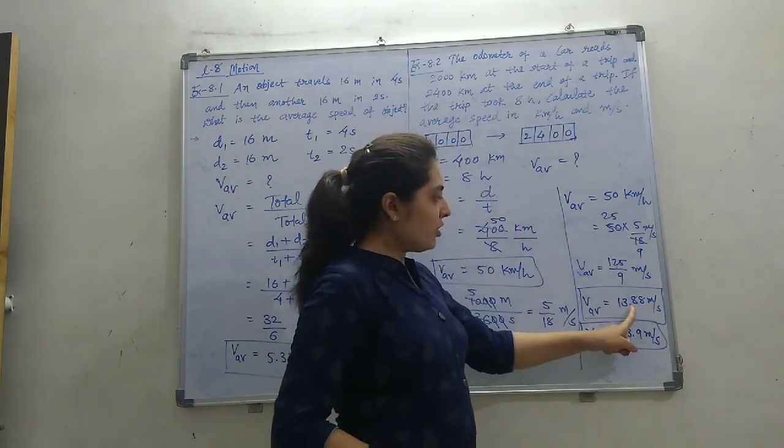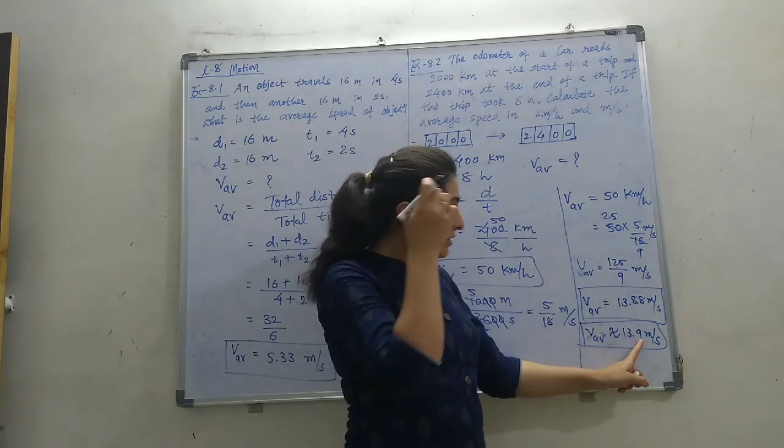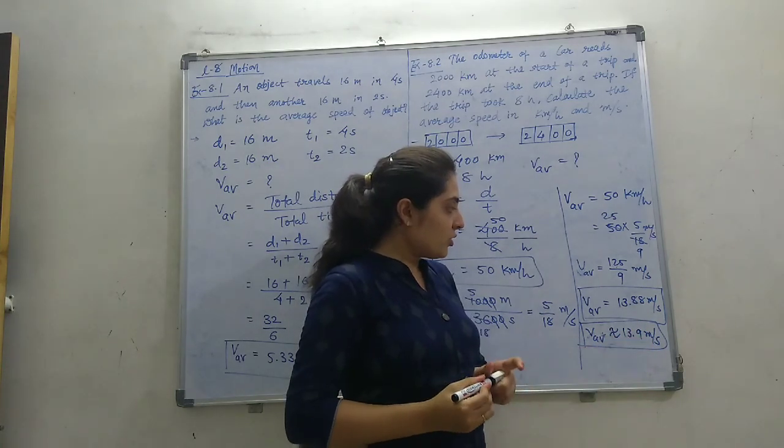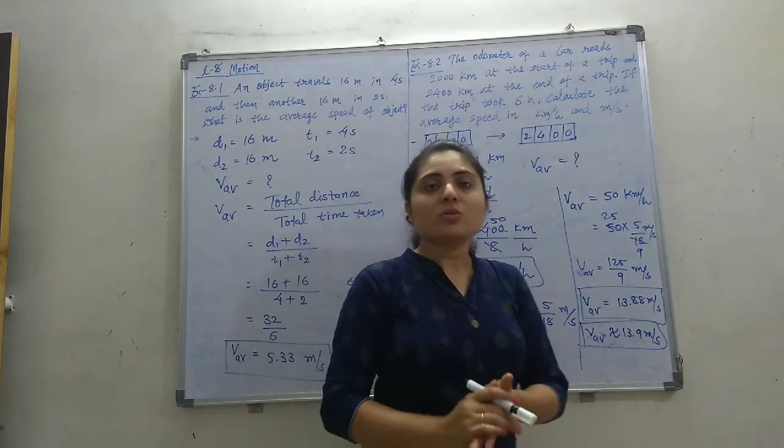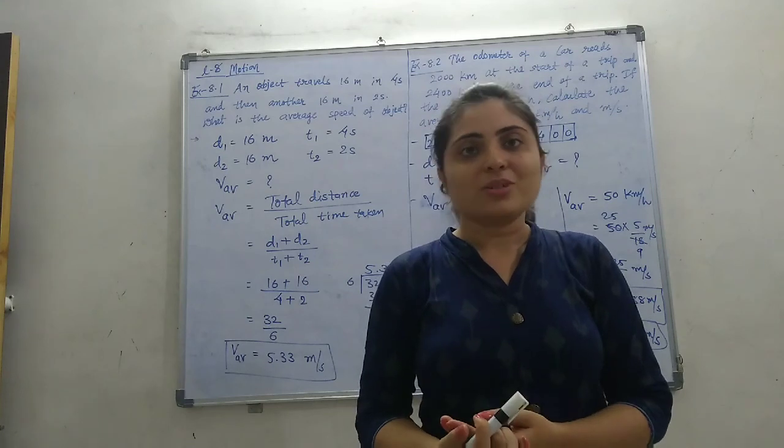By rounding, if the digit is more than 5, the 8 will be written as 9. So it is approximately 13.9 meter per second. Write it in your notebook, and if you have any doubts, you can ask me. Thank you.